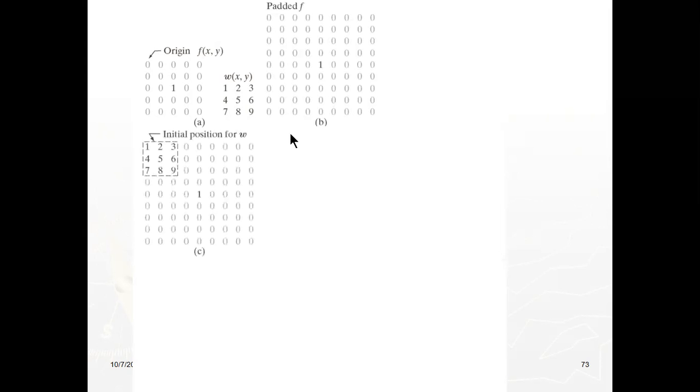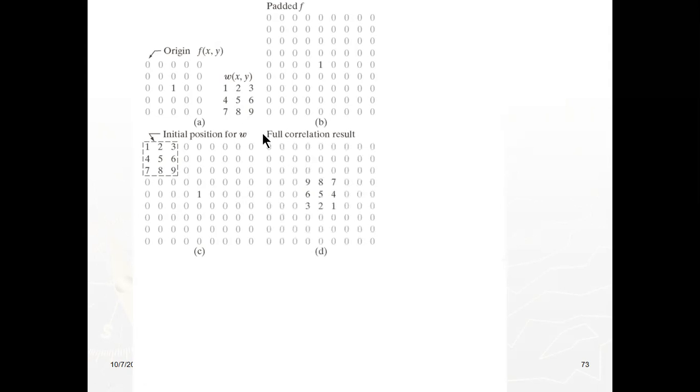You'll get the initial position. We are just padding it over here. We are just trying to add padding positions to this padded F, and then we fix the initial position of the W, and then we get the full correlation result by taking the correlation of this with this, and that will turn out to be this.